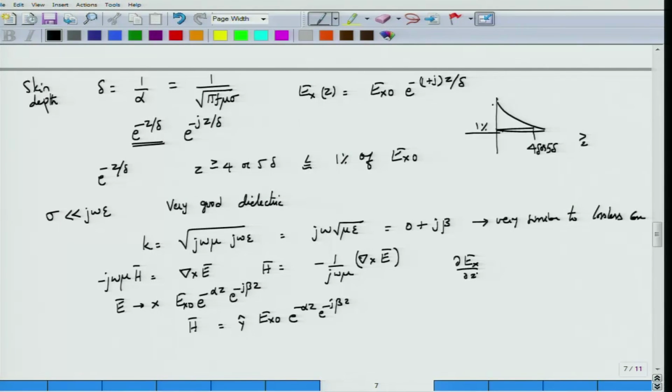So I can differentiate this with respect to z, and I will get alpha plus j beta, with a minus sign here, and then divided by j omega mu, correct.